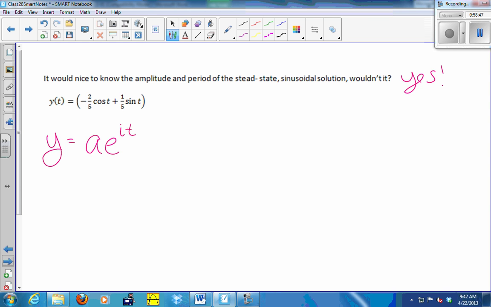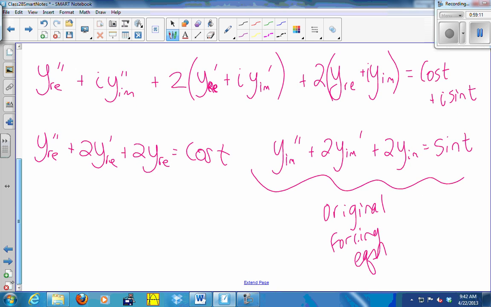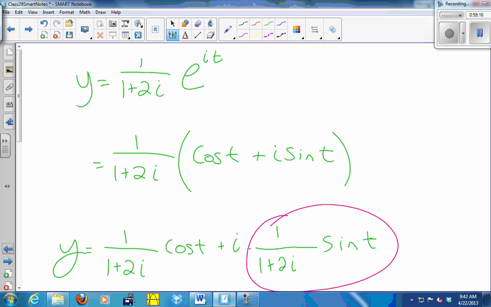So remember, that was our complex solution, a e to the it, and we found an a, right? And this was 1 minus 2i over 5. I'm just converting cosine t plus, from way back earlier.